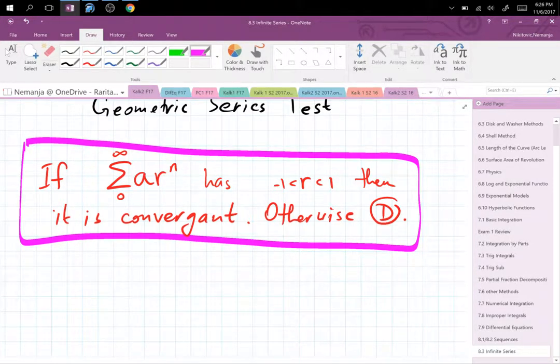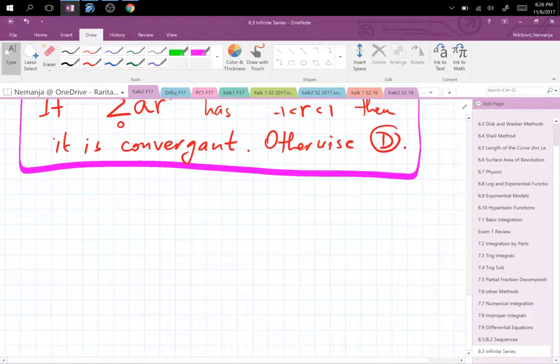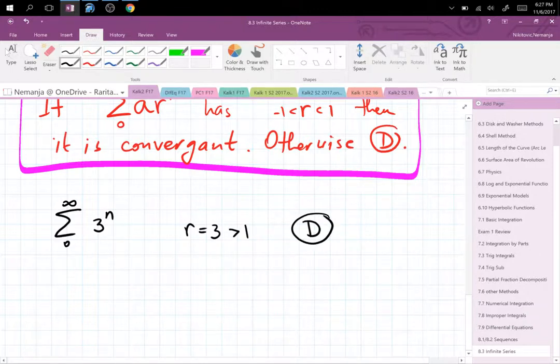You cannot make this stuff up. So here are two examples. Summation of 3 to the n from 0 to infinity. You look at this and you say, oh, r is equal to 3. 3 is bigger than 1, therefore divergence. And you walk away. Problem done.